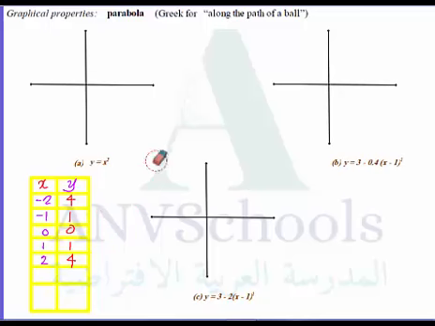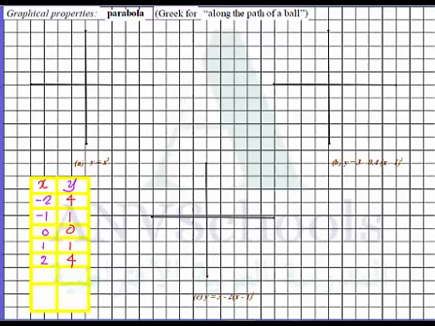Okay, so now we're going to plot my points by the help of the grid lines. Setting in the axes, we have the y-axis and x-axis. If my x is -2, then my y is +4.